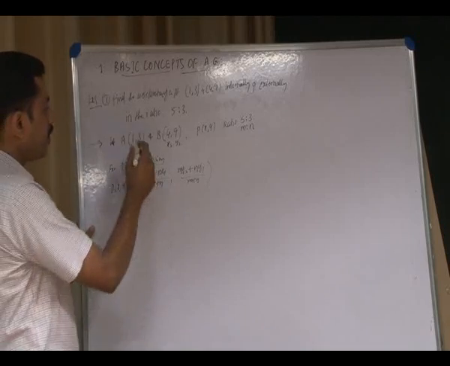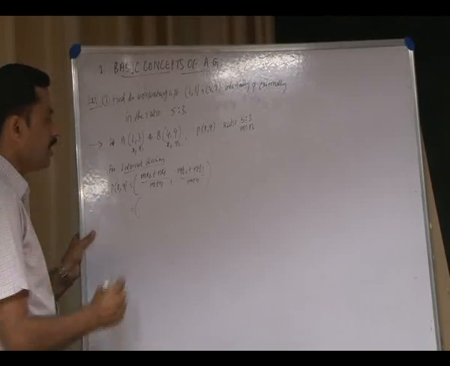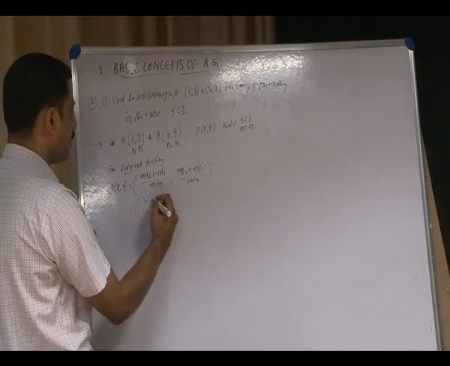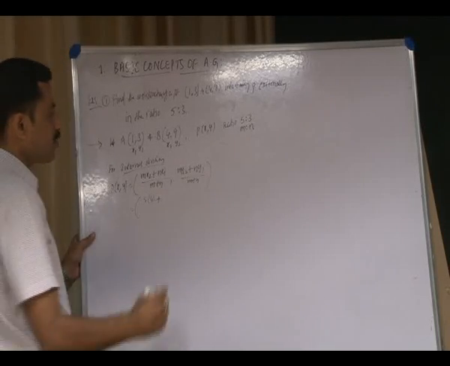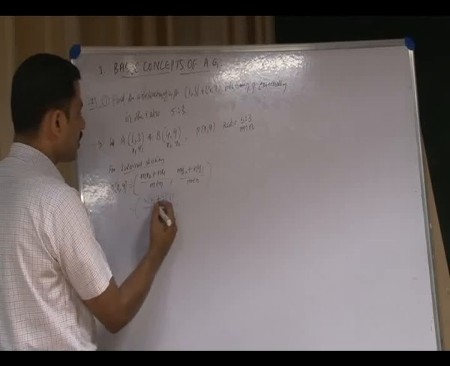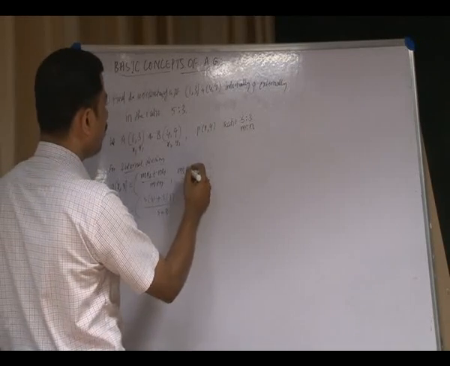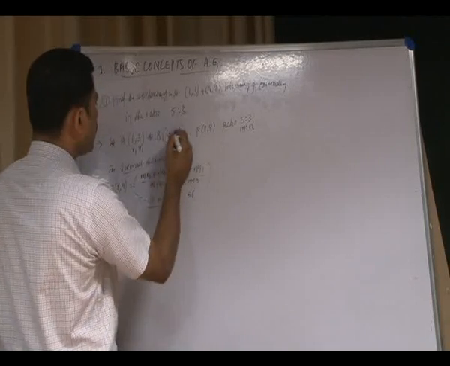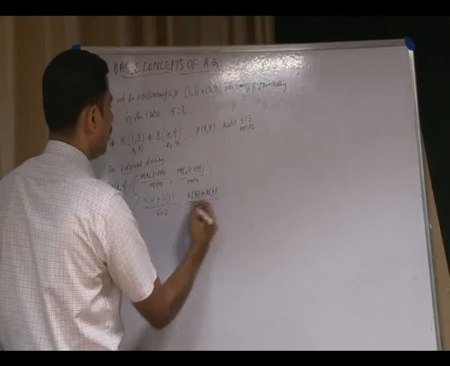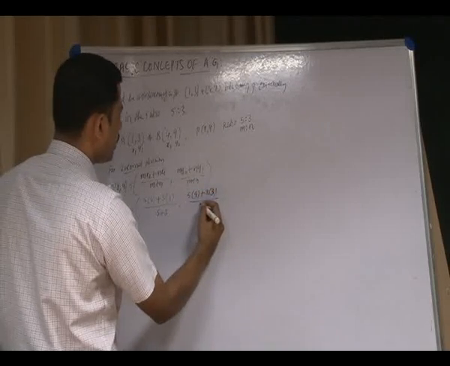Substituting the coordinates of points A, B and the ratio m:n: m is 5, x2 is 4, n is 3, x1 is 1, divided by 5 plus 3 for the x coordinate; comma, for the y coordinate, m is 5 into y2 is 9 plus n is 3 into y1 is 3, divided by 5 plus 3.